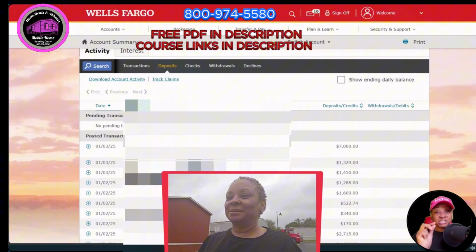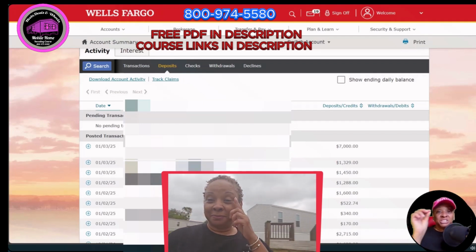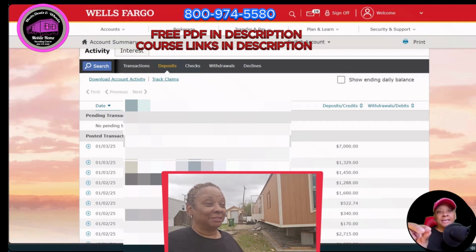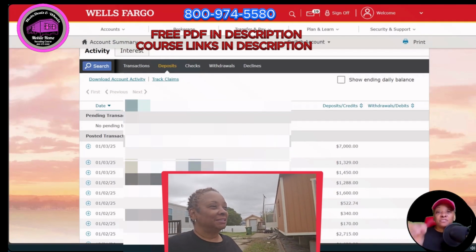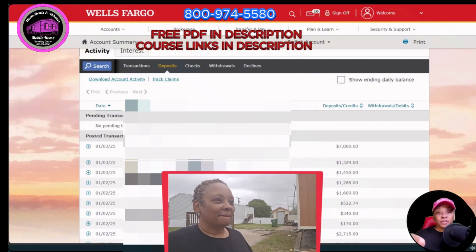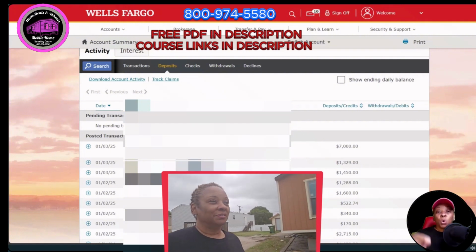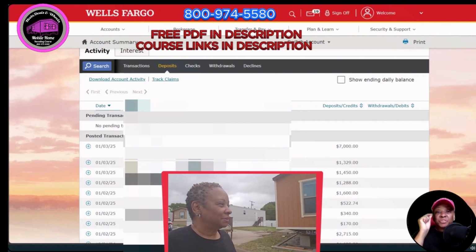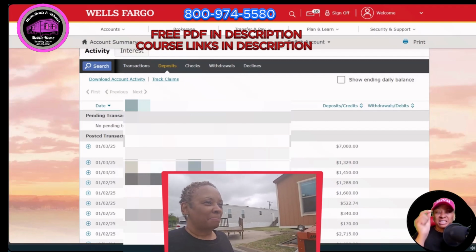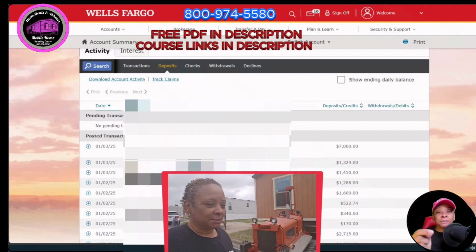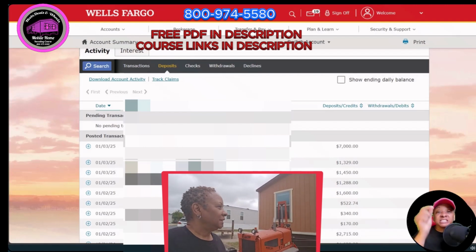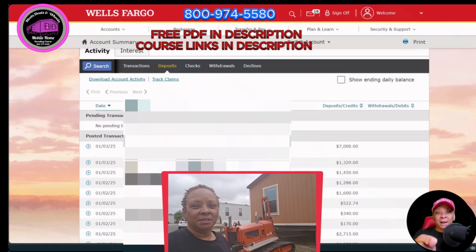What I am going to say, and I need you to put this in your memory bank, is that if you own a single family home and if you own a mobile home with the same bedrooms and the same zip code, you're going to get the same dollar amount.